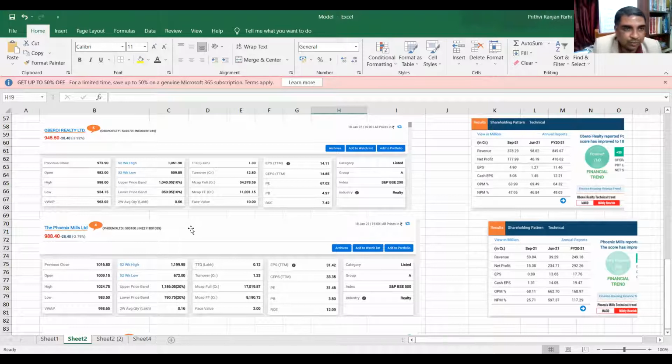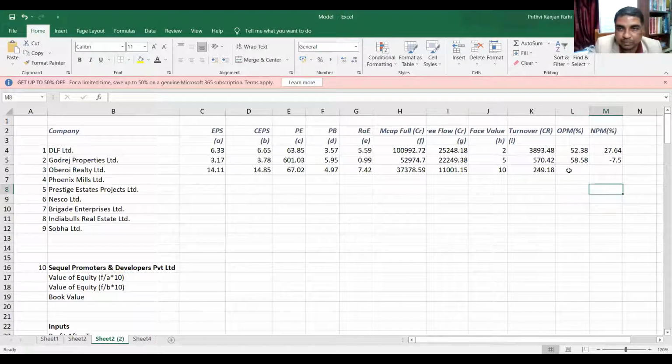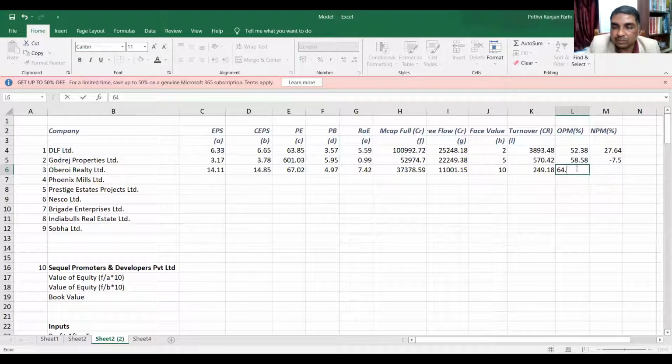We are referring to this company over here. This is 64.32 and 49.03, I think.